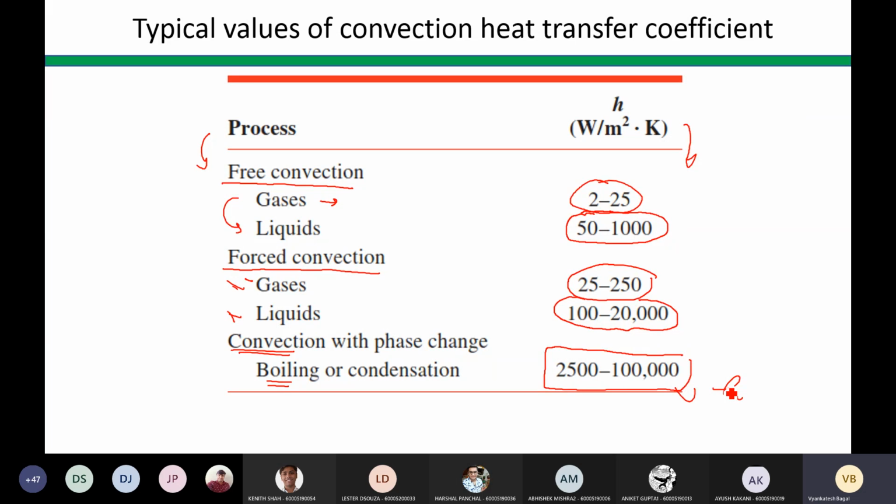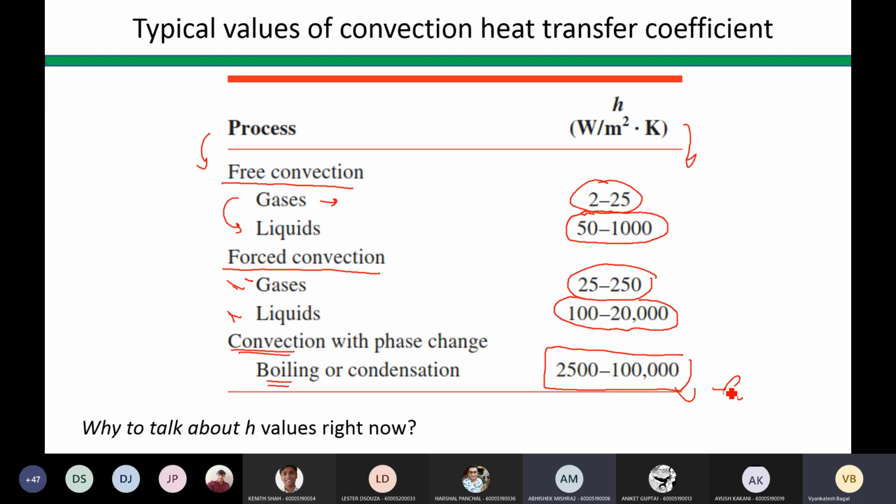And the lowest value of heat transfer coefficient is observed in free convection with gases. So at least you must remember the typical range for the heat transfer coefficient. Not exactly the numbers, but you should at least know the range. That's why I have projected this table on the screen. Fine.